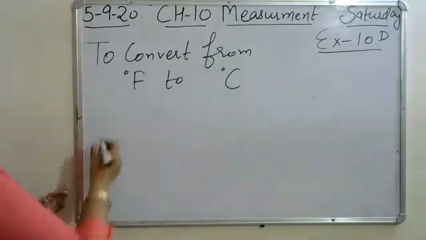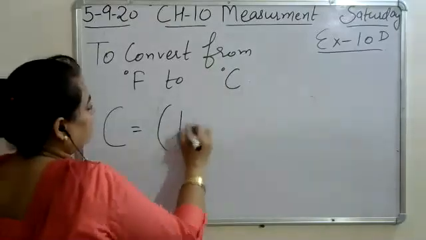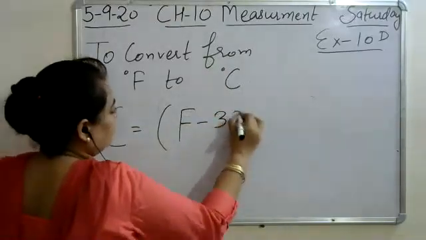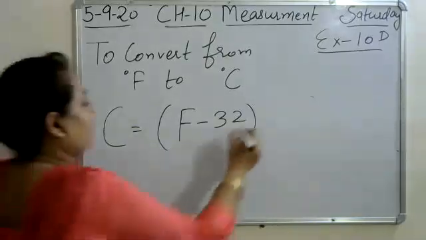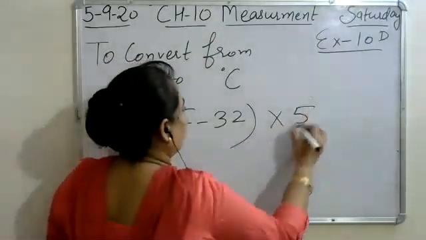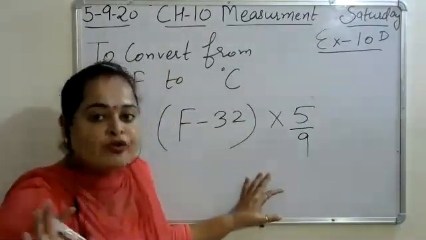Write down the formula. Celsius is equal to, under the bracket, Fahrenheit minus 32, multiplied by 5/9.